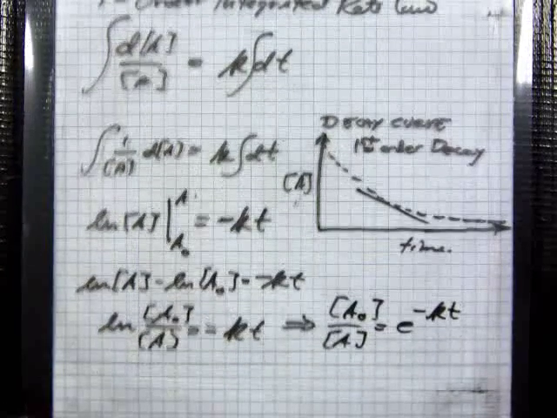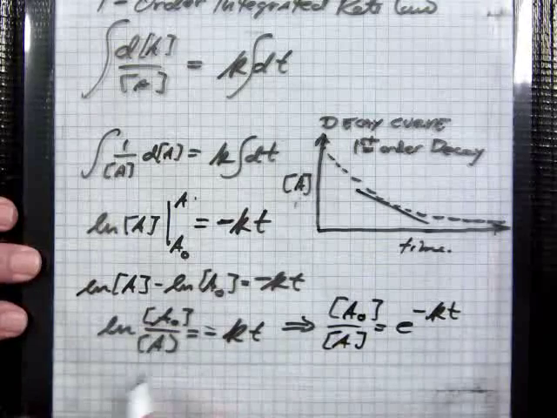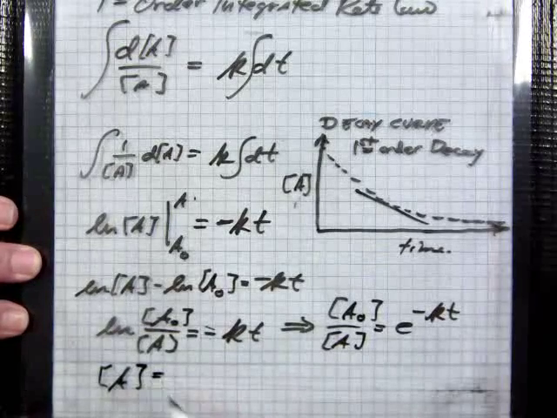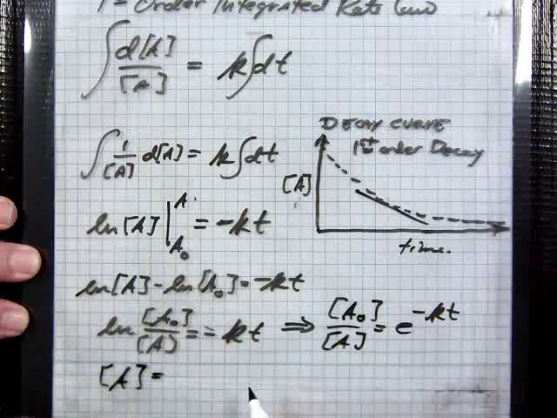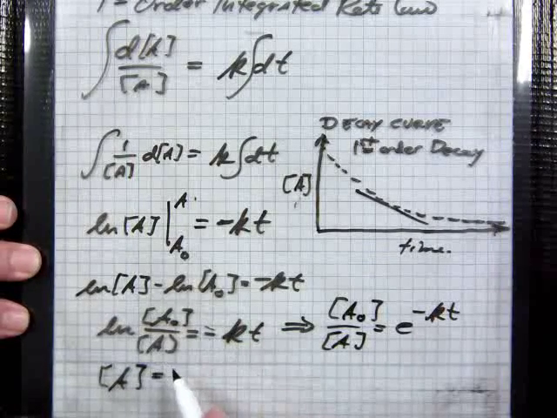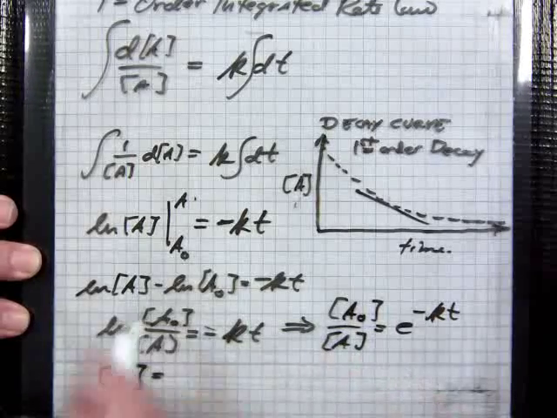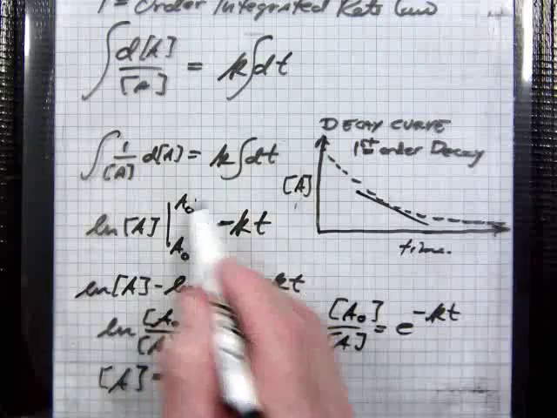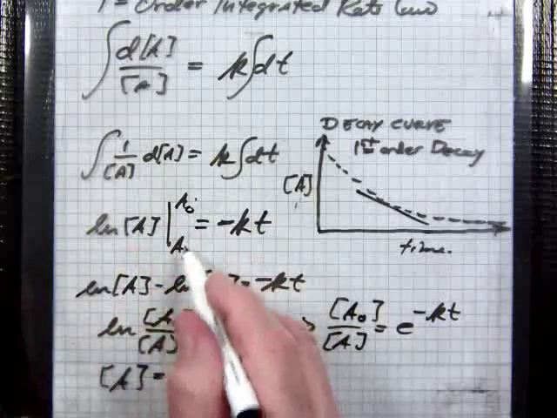And then finally, this expression becomes A equal to... it should be A over A naught, didn't it? I don't want A naught on top. No. When we change that to reciprocal, this has to change also. Your A naught and your A, sorry.